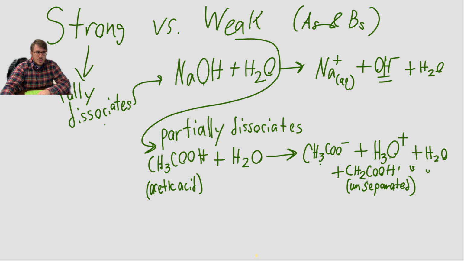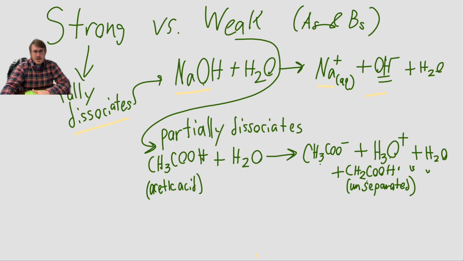Essentially, strong acids or bases fully dissociate in water, so that all the NaOH compounds produce only Na+ and only OH- in water. No NaOH remains because it's a strong base.